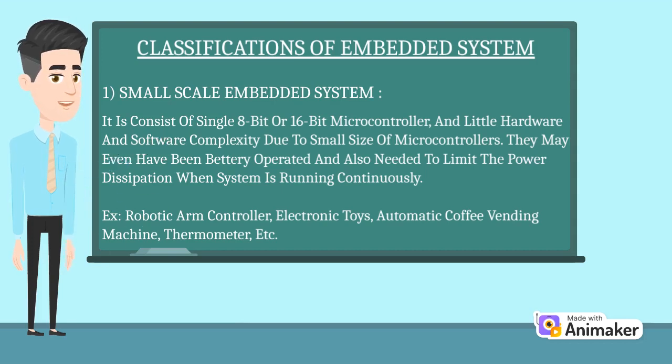They may even be battery operated and also need to limit the power dissipation when the system is running continuously. It requires small memory as it deals with a small amount of data and is also easy to program using assembly language and C programming language. For example, robotic arm controller, electronic toys, automatic coffee vending machine, thermometer, etc.